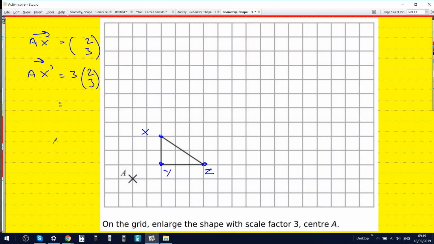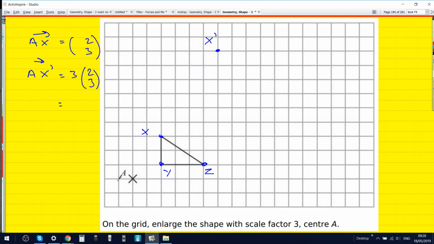Do I need to just times the 2 vertically times 3 and the 3 horizontally times 3? And then so would it be 6, 9? And so from A, it's now 6, 9. And that's, we'll call that X dash or X prime, like the new X.